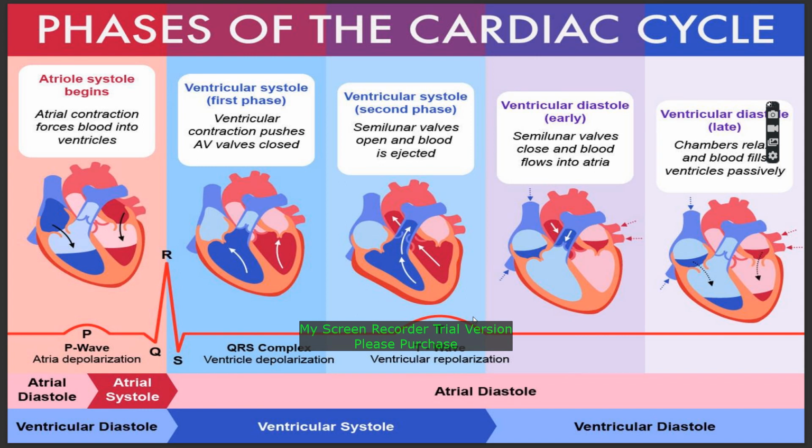Atrial contraction forces blood into the ventricles, right? So this is P wave depolarization. You can see this atrial systole begins. Atrial contraction forces blood into ventricles. So that is the P wave.